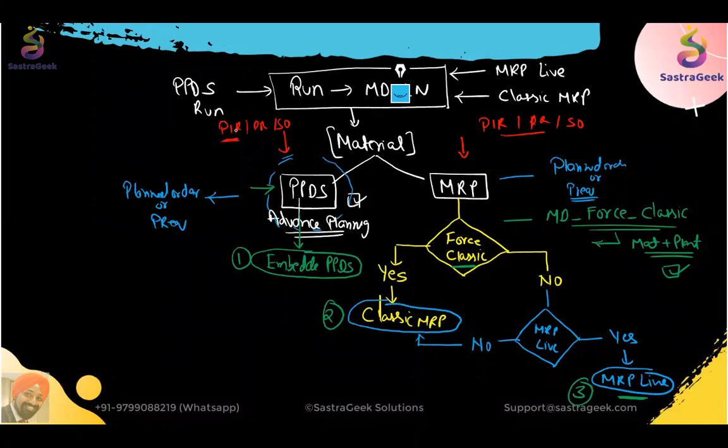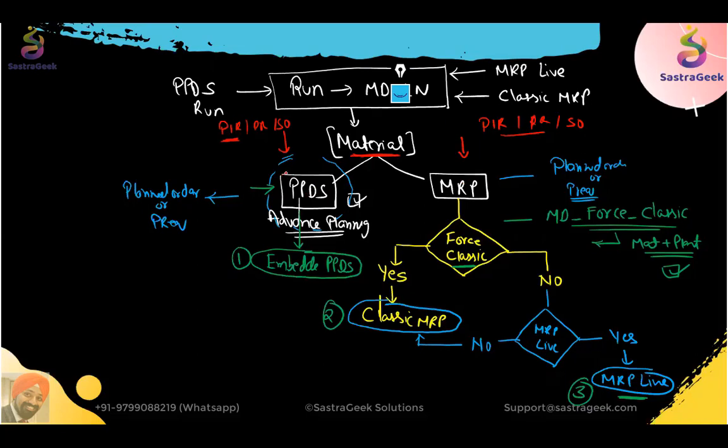Whether it is coming from your demand planning, you are uploading through Excel, you are using a third-party tool and then uploading PIRs, or you have an IBP system from where you do your demand planning and bring your PIRs here. The key thing is to identify whether this material would be running on a PPDS engine or an MRP engine.